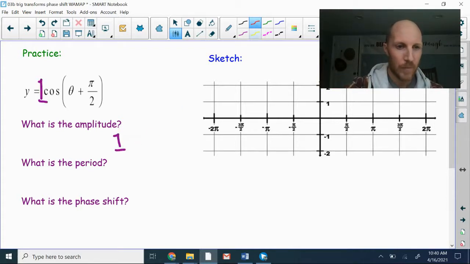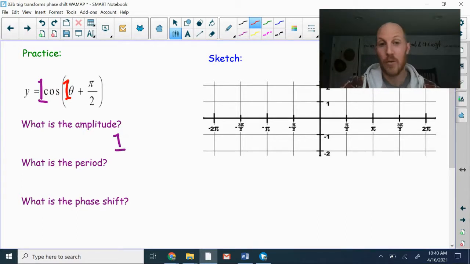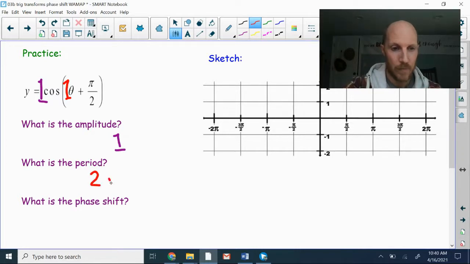What's the period? Well, there's an invisible 1 being multiplied onto the theta, and as long as we have that coefficient of 1, that means the period is not altered, it has not been transformed, so it's 2 pi. I do need to know what the period is so I can actually draw this thing correctly, because that's going to be the end of my repeating pattern.